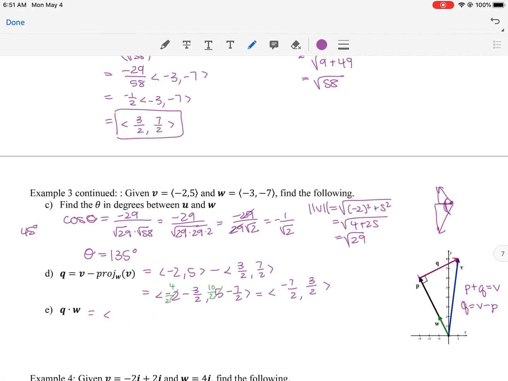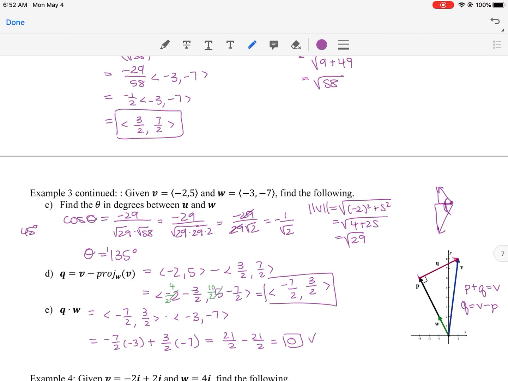So vector Q is -7/2, 3/2. And we're doing the dot product with that and W, which is -3, -7. So we're going to do -7/2 times -3 plus 3/2 times -7. So we get a positive 21/2 minus a 21/2, and we do get 0.